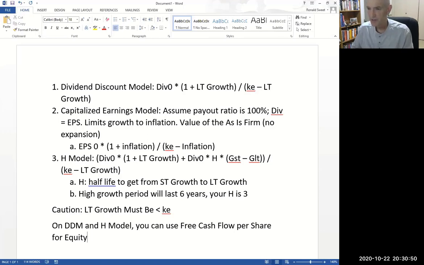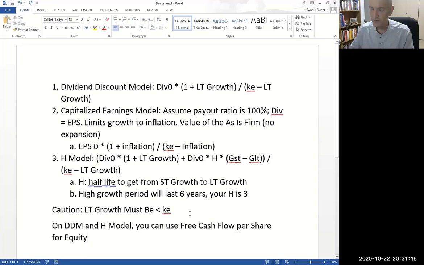You value that using the cost of capital for the firm, and then you subtract out the value of debt. I don't know if you remember doing that in his class or in a class like that. I don't want to do that in this paper because I don't want you to have to mess with cost of capital. I don't want you to have to go out there and find cost of debt and all that. It's just too much work. We already got enough on our plate as it is. I've had a few students actually do that. If you absolutely are adamant you want to do that, that's fine.